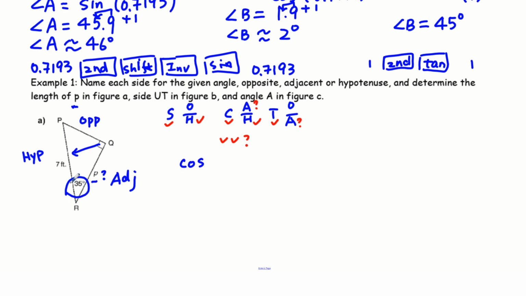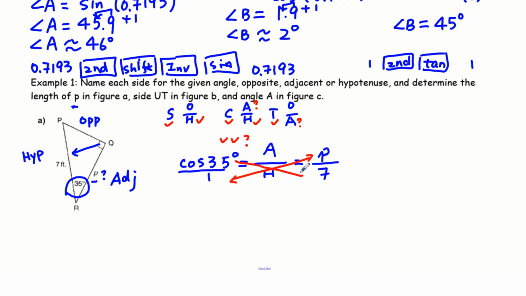Cosine, then the angle we picked, which must not be 90 degrees, equals adjacent over hypotenuse. Then we sub in: adjacent is P, the hypotenuse is 7. So P is at the numerator. In order to solve this, we could just times 7 to the other side, or we could always use cross multiply. So cosine 35 divided by 1, then it works all the time.